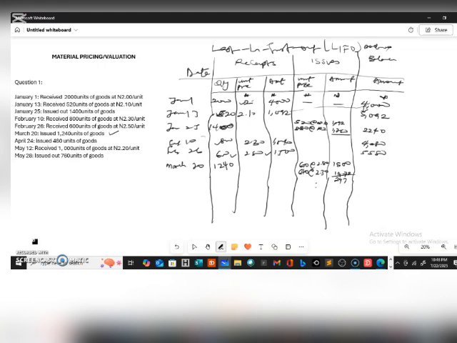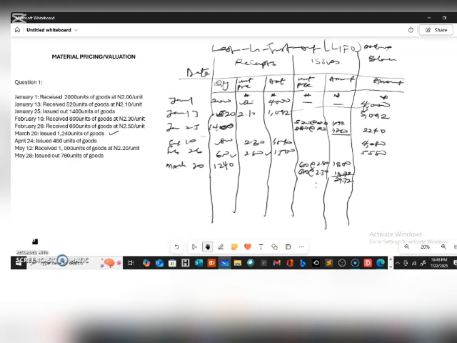Okay, so let me confirm that again by using the calculator, so that I don't make any mistake. So this is just how you're going to break it down and ensure that you're able to value your stock or your material based on this method, last in, first out.